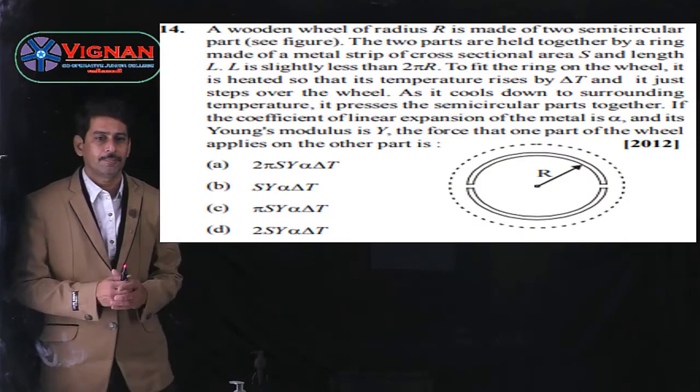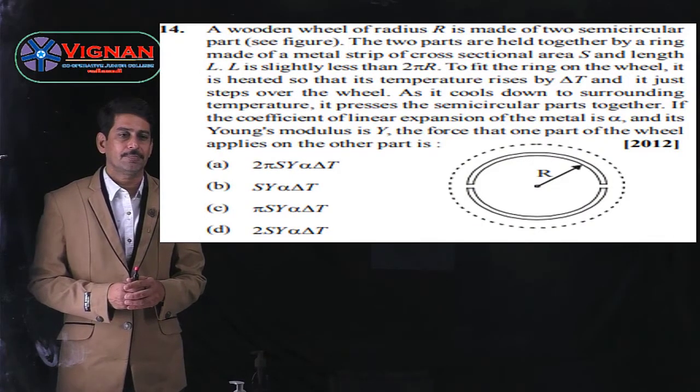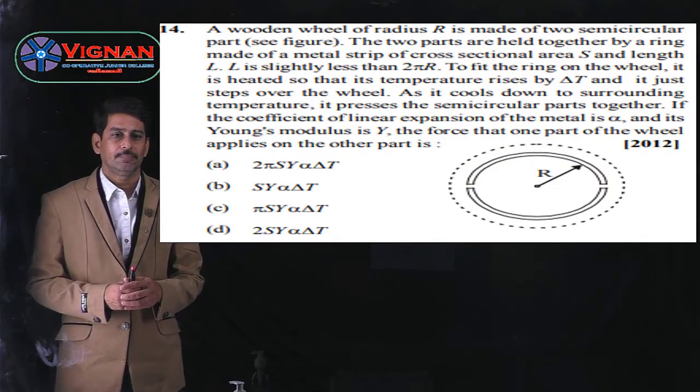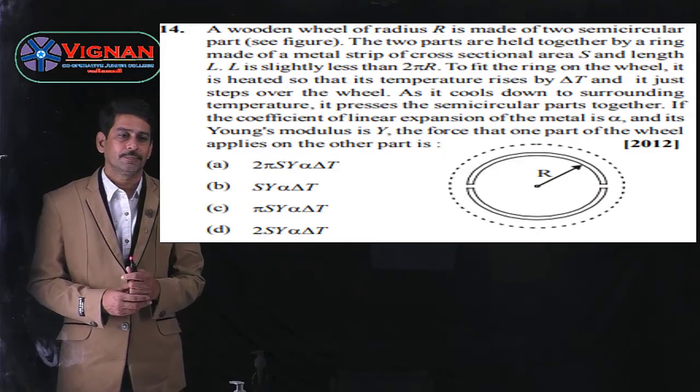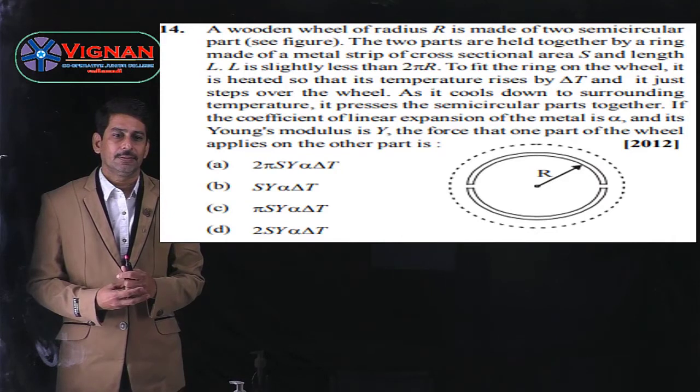So the next problem. A wooden wheel of radius R is made of 2 semicircular parts. The 2 parts are held together by a ring made of metal strip of cross sectional area S, and length L is slightly less than 2 pi R. To fit the ring on the wheel, it is heated and slipped over the wheel.